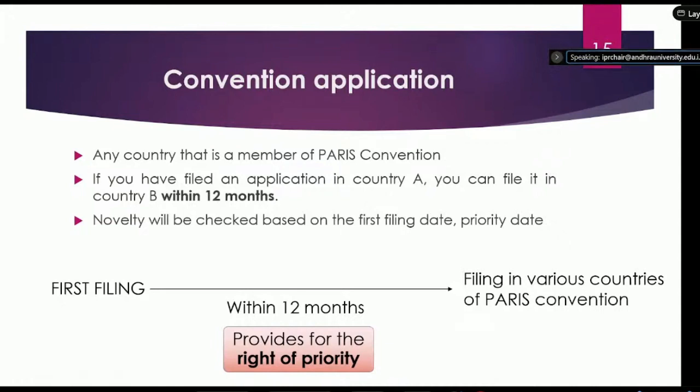No, it is not lost, because this is under the Paris Convention. These countries are under the Paris Convention. You have got the benefit of 12 months. So you can file in another convention country within 12 months of time. Your novelty will be checked based on the date of filing in India. So the first time you file it in a convention country, that date will be called your priority date.